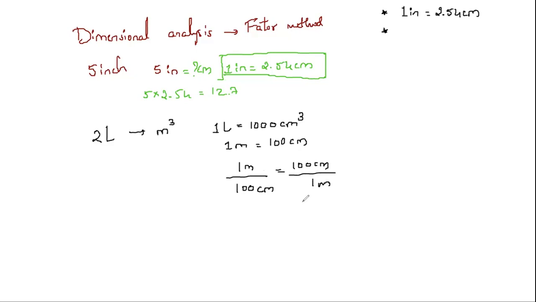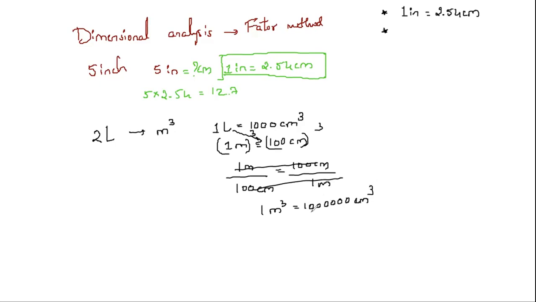So here I want to convert it to meters. 1 liter is equal to 1000 cc, and we know that 1 meter is 100 cm. So I have to convert it to cubic. Here I will do cubic, and here also cubic. So 1 meter cube is 10 raised to 6 cm cube.